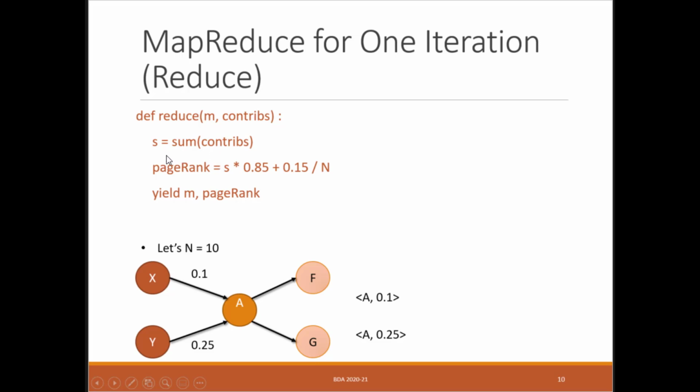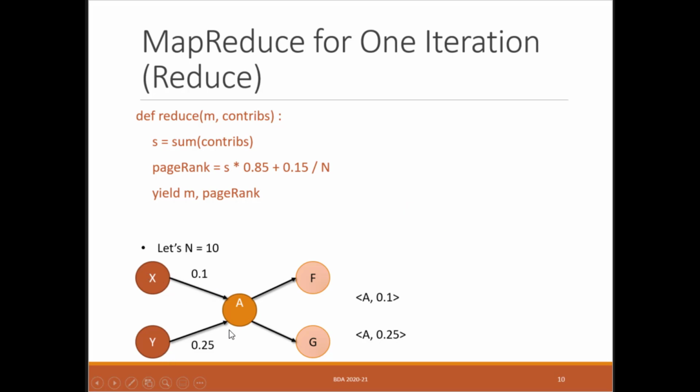Consider a web graph including 10 nodes. So n in this example is equal to 10. We have here only 5 nodes of the sample web graph. The particular node A receives 2 PageRank contributions from X and Y. So the reducer receives 2 pairs, A, 0.1 and A, 0.25 from the mappers.